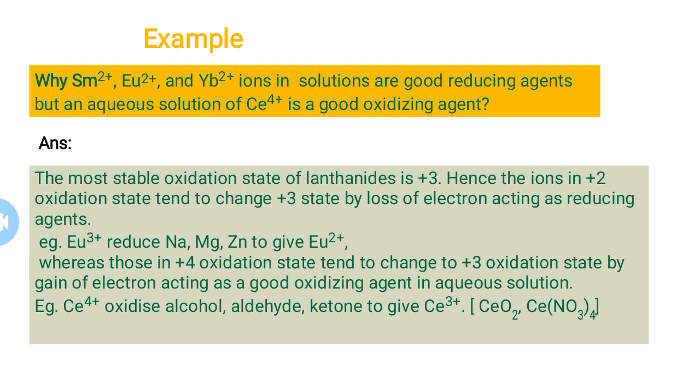They oxidize alcohol to aldehyde, ketone, etc. So 4+ cerium is a good oxidizing agent. Cerium oxide, cerium nitrate, and cerium ammonium nitrate are used as oxidizing agents in some chemical transformation reactions.